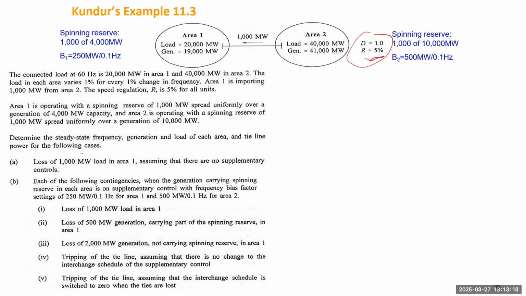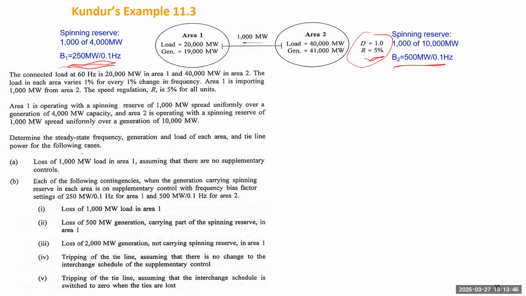You can always translate the R into, for example, megawatt per hertz or megawatt per 0.1 hertz. They also give you, for area 1, the B factor, assume we take 250 megawatt for 0.1 hertz. And B2 will be 500 megawatt for every 0.1 hertz.